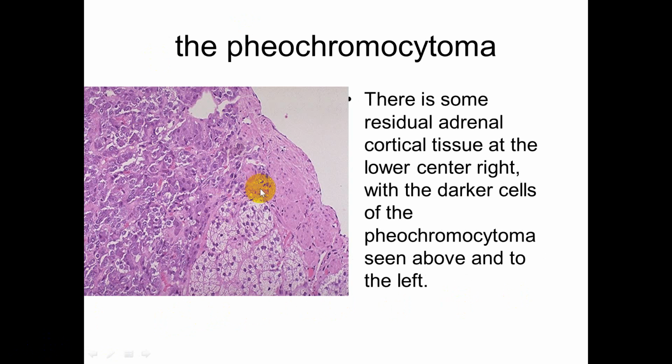In this histological picture, you can see signs of pheochromocytoma. There is some residual adrenal cortex tissue at the lower center right, with the dark cells of the pheochromocytoma above and to the left.